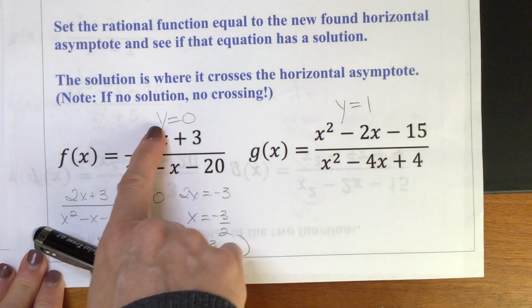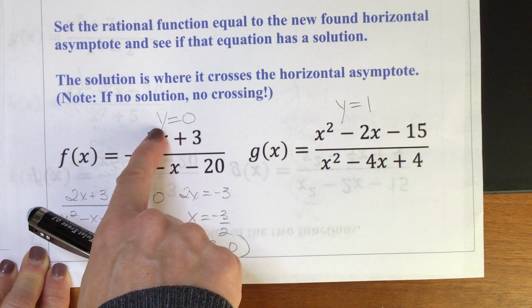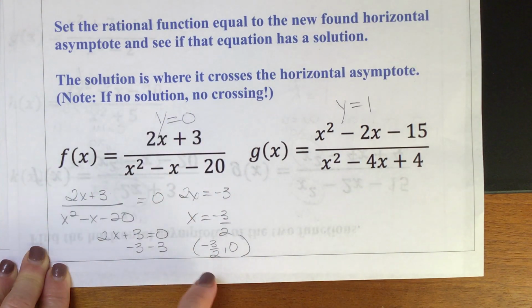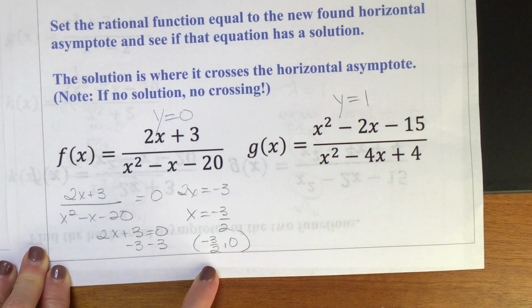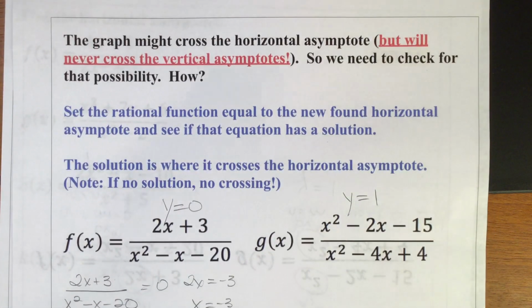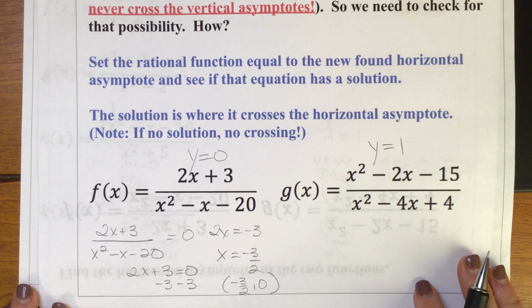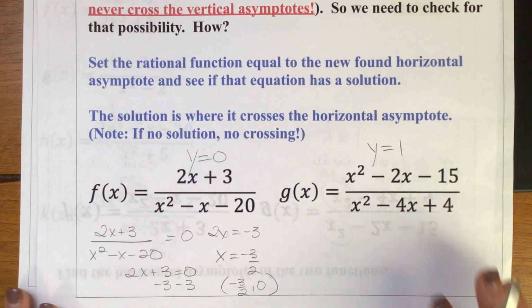And that makes sense because we already said that our horizontal asymptote is the x-axis, and we have an x-intercept, so we will cross on this one. All right, so let me see if you can get all of that in your notes.